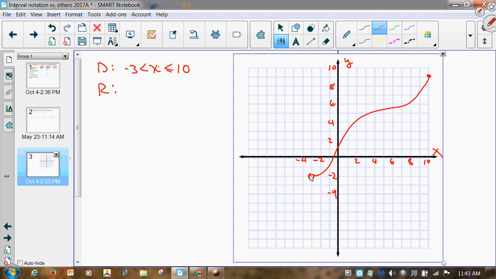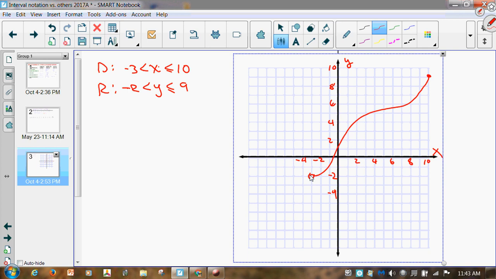The range would be from -2 to 9. Okay, 9 is between 8 and 10 here. So we would say that y would be greater than -2 and less than or equal to 9. Okay, so there's domain and range.